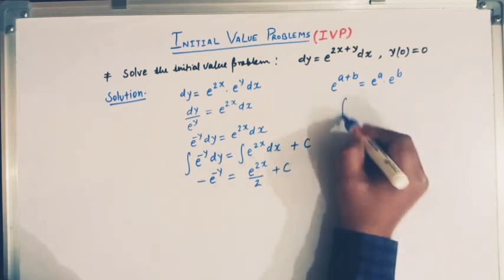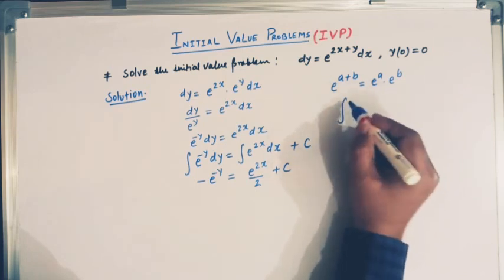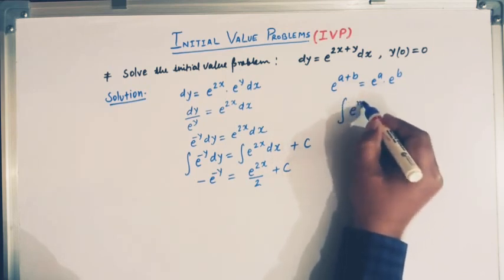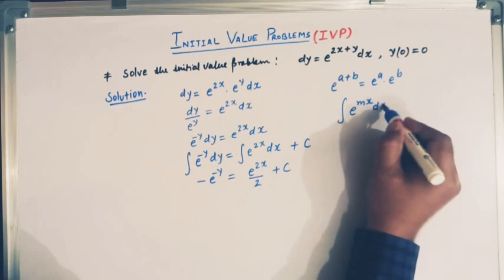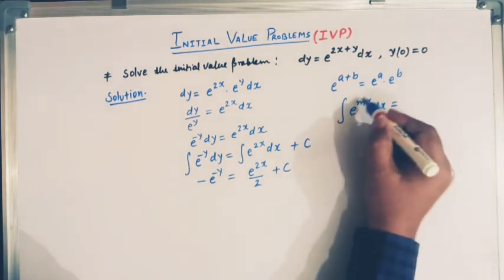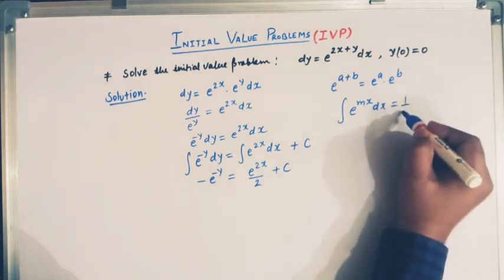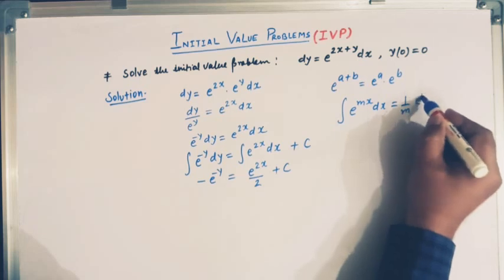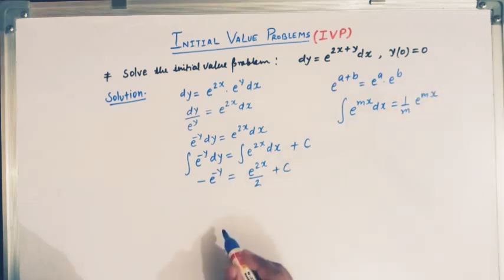So here we have used the result that the integral of e raised to mx dx, where m is some number, is 1 over m e raised to mx, right?